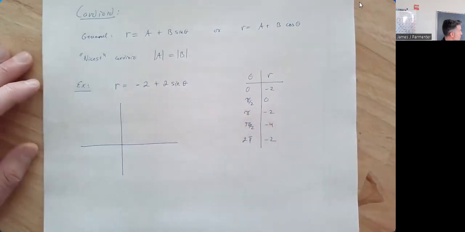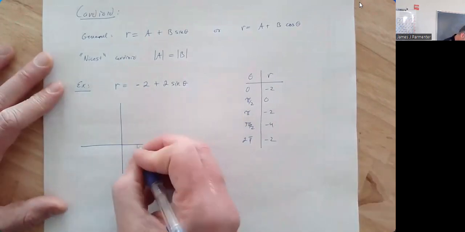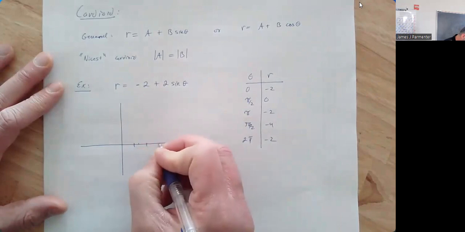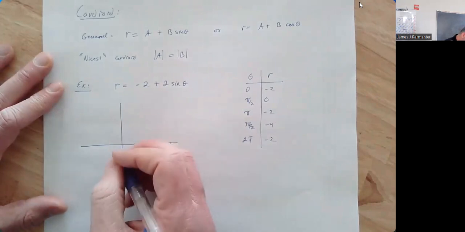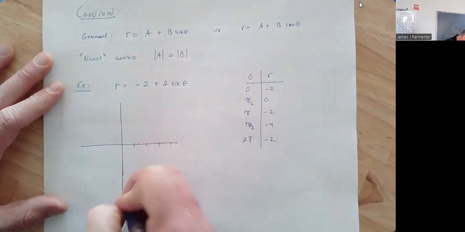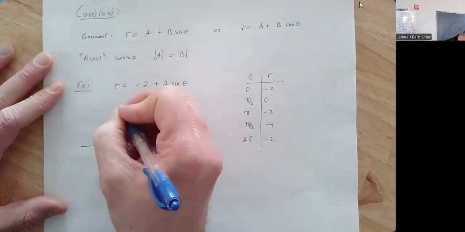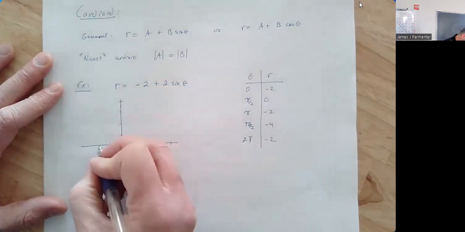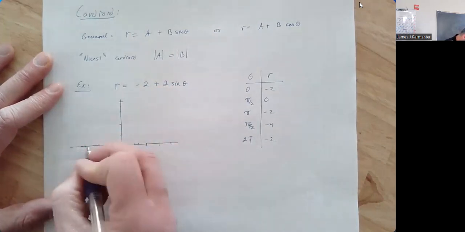This one's a little weirder than usual because I got a lot of negative R values. That's okay. So 1, 2, 3, 4. Okay, so let's see here.